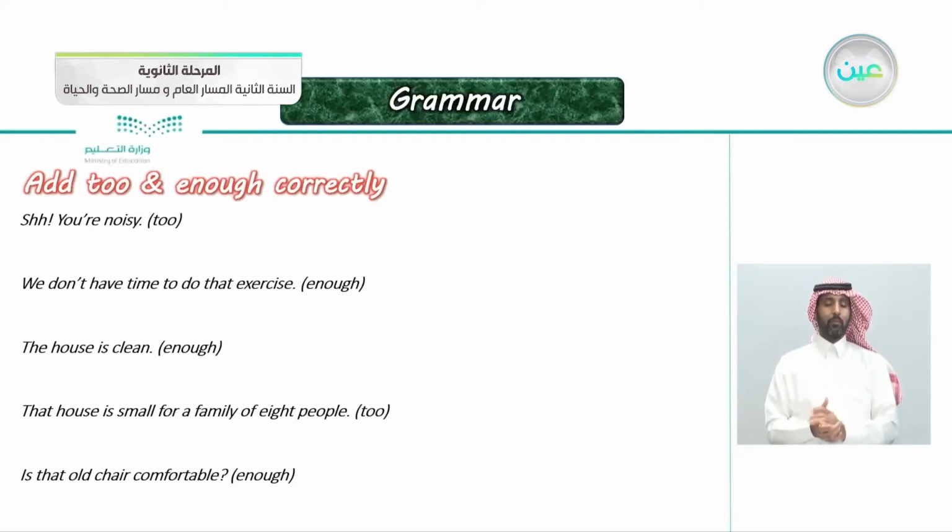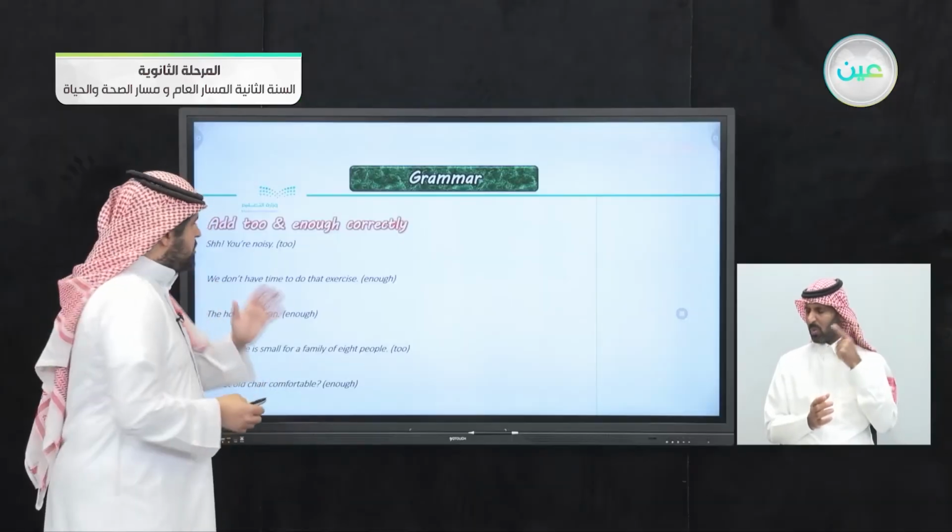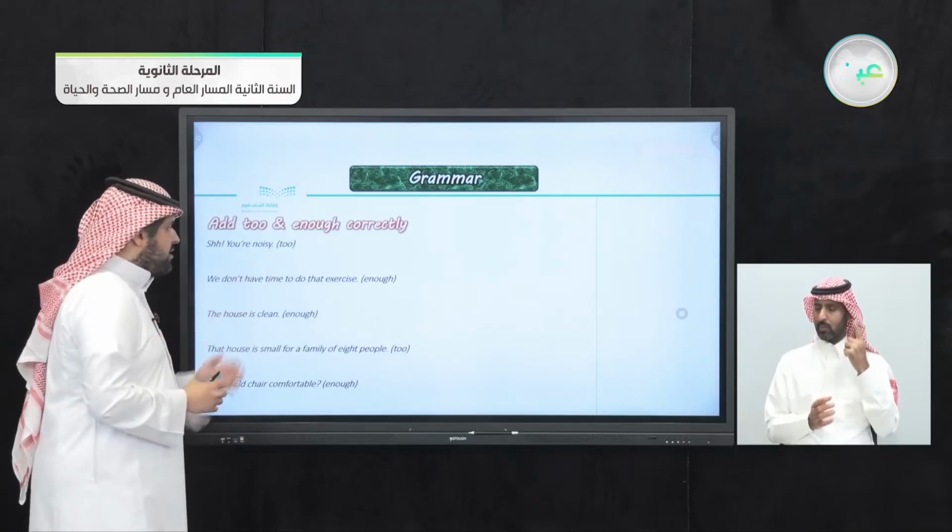So add "too" or "enough" correctly. So these are some sentences. Try to put "too" or "enough" in the correct place. For example here, shh, you're noisy, and the word "too".